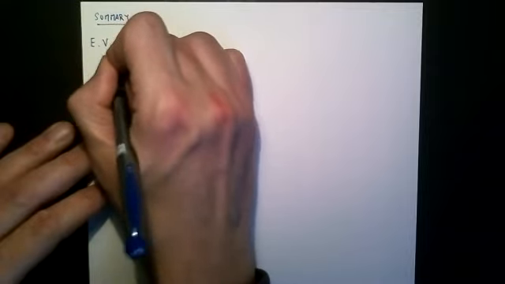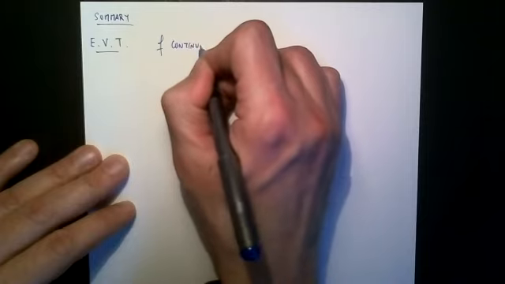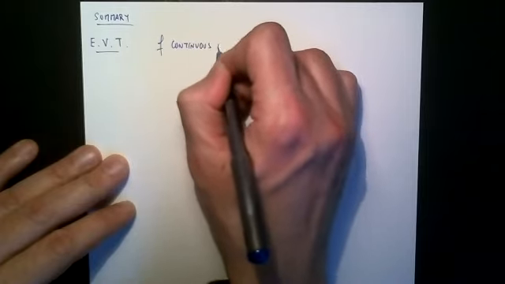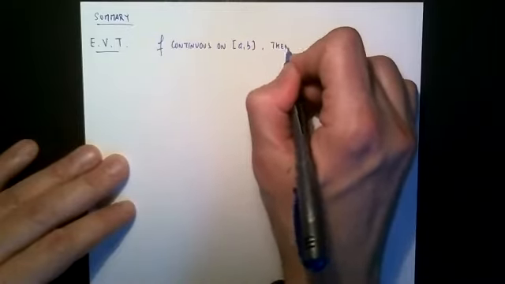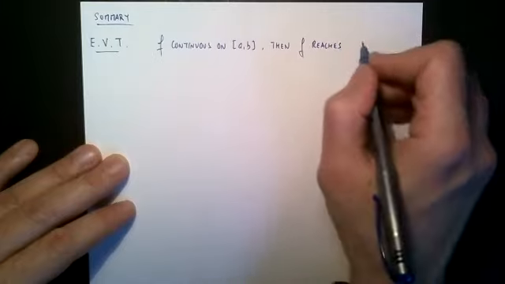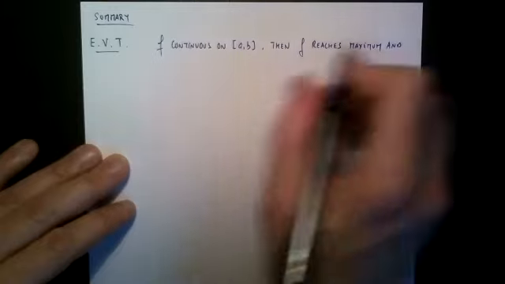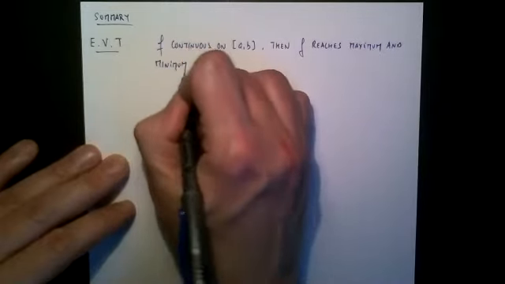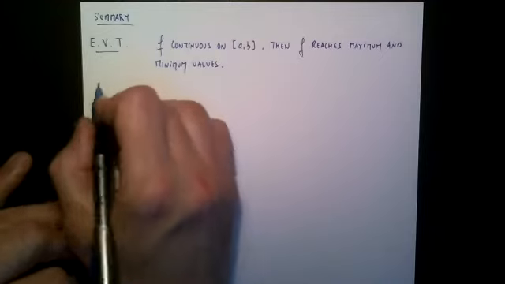It said that, if f is continuous on interval AB, then f reaches maximum and minimum values. Okay, then Fermat's theorem.